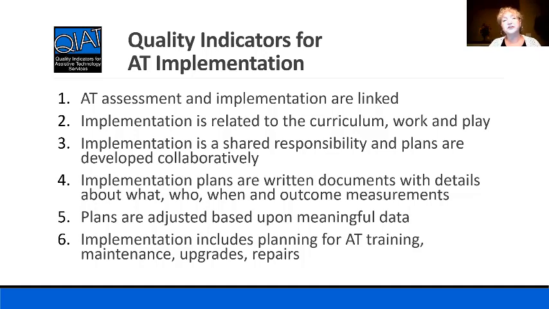But it can't just be adjusted because something new came on the market. It needs to be adjusted based upon what's going on in the district, and what's going on for that child, and what's going on in their school system. So you need to be tracking that with data so that you have measurable decisions that you're making.